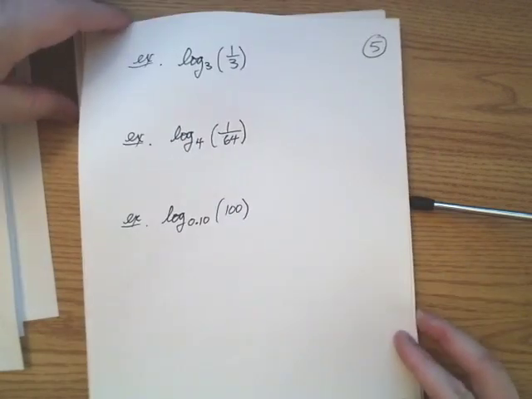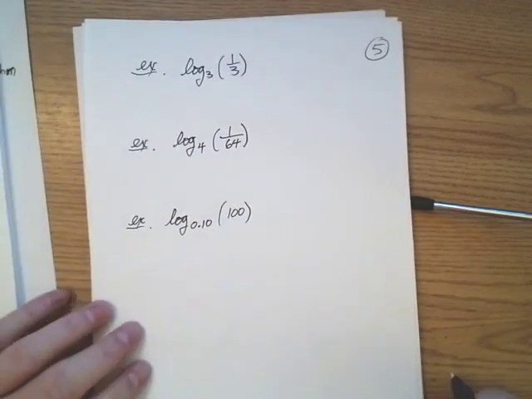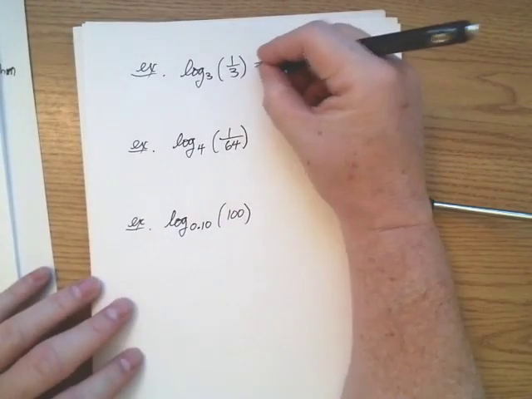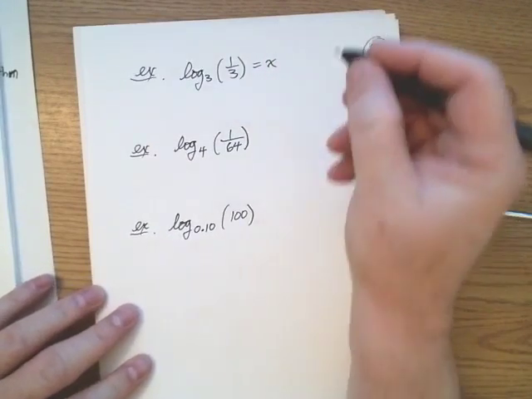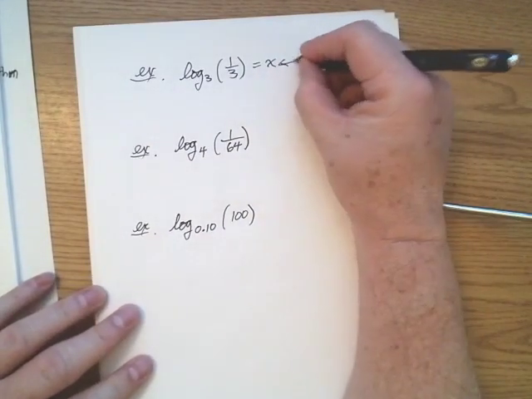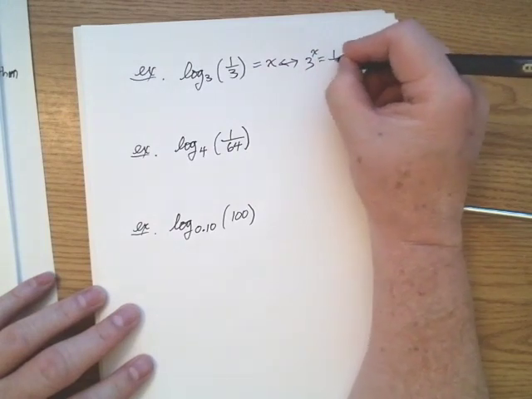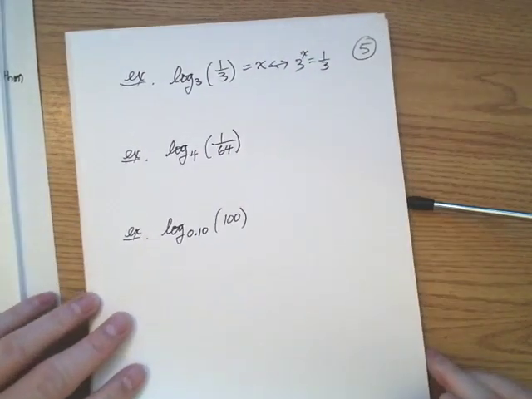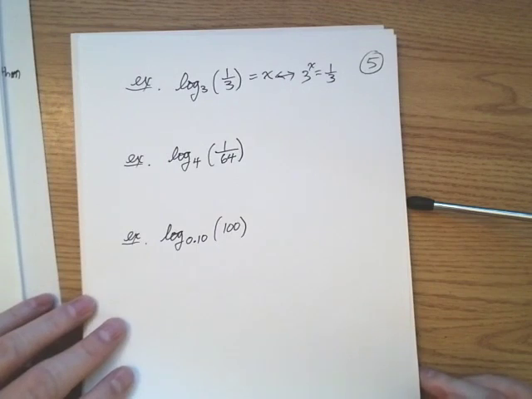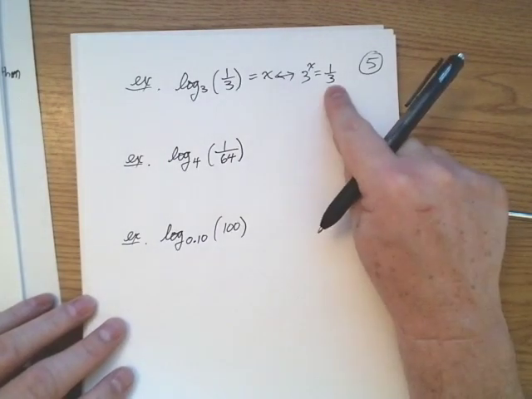How about this one? Logarithm base 3 of 1/3. This would be equivalent to saying what? 3 to the x power is 1/3. Now this one, I'll just eyeball in here. Do you remember that that's actually 3 to the negative 1 power?